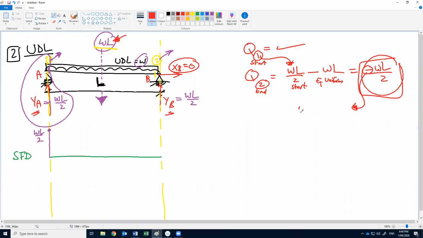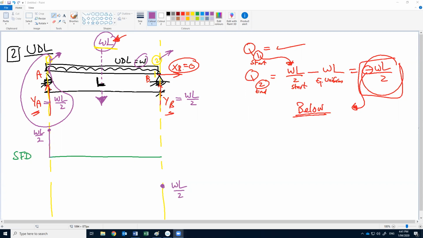Below or above the datum? Below. Okay, so this means that the shear here is WL by 2 below the datum.